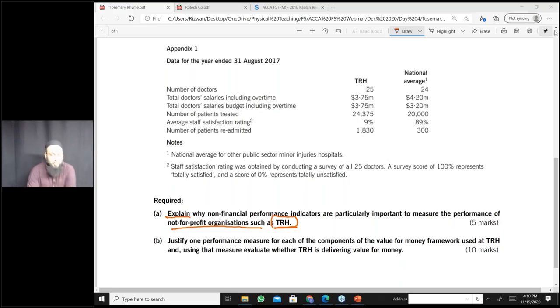Knowledge based or application based? The answers I'm receiving are all in favor of application based. We have a few suggestions for knowledge as well, but it's application based exactly because you have to focus on the TRH company.